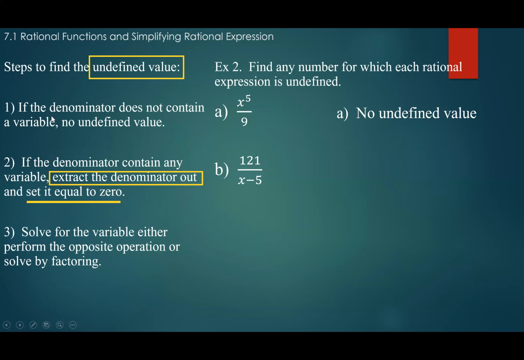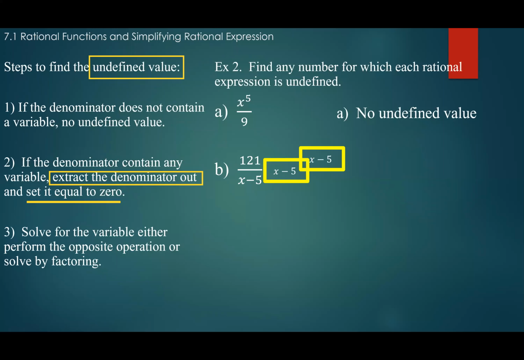Now, what happens if your denominator has an x, right? In this case, like I say, we don't care about the numerator, ladies and gentlemen. We only care about the denominator, and in this case, the denominator has an x. So what do we do? All you need to do is take this denominator and extract it out.